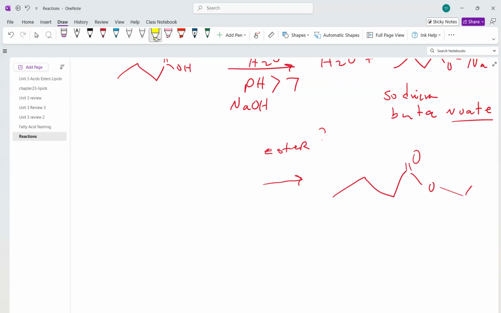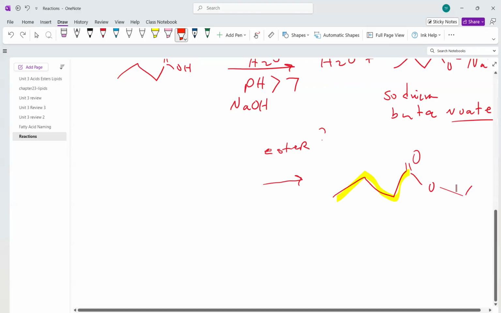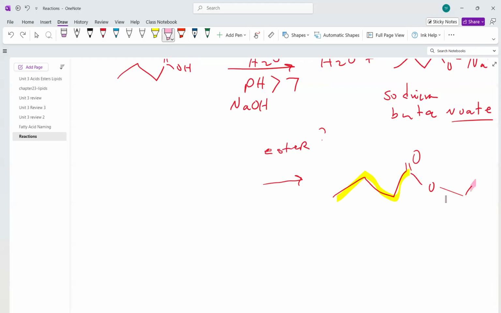Means we've got a primary and a secondary backbone. And the side that's got the double bonded O is the acid side. The one with a single bonded O is the alcohol side.